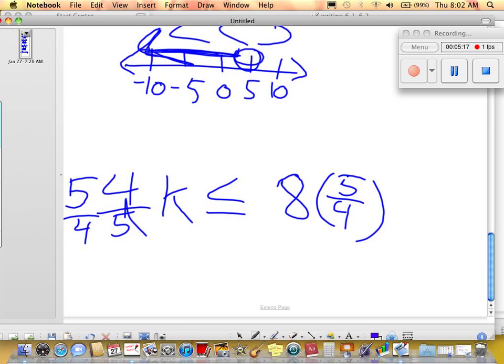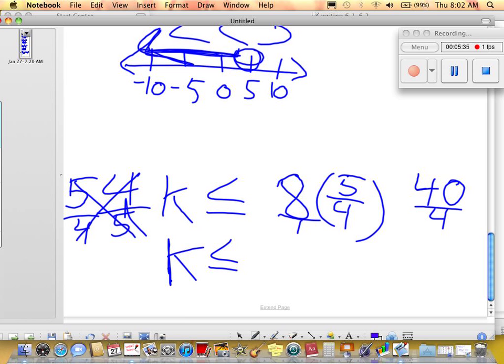These cancel. And I'm left with k. Do I need to flip my sign? No, because I didn't multiply by a negative. Remember, you multiply the tops, so that would give you 40. You multiply the bottoms, and then you divide. 4 goes into 40 how many times? 10.